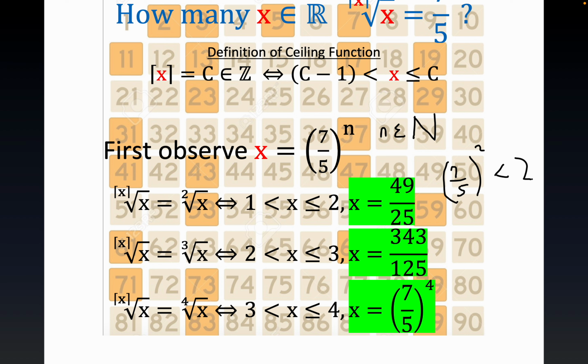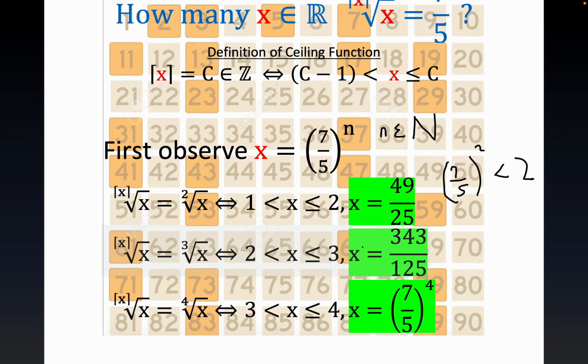Of course, this is less than 2 because this is 49 over 25, and 49 over 25 is less than 2. So we see that the ceiling of this number is 2. That's why this would be a solution. The square root of 49 over 25 would be 7/5.